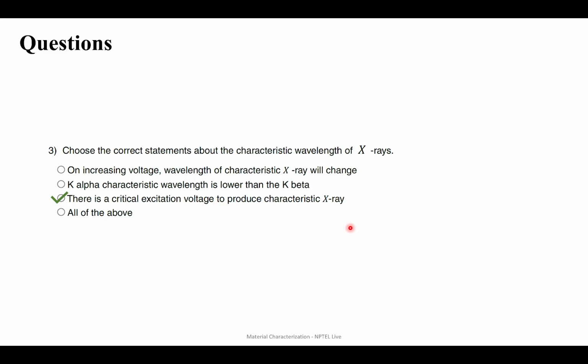And the third point, we already discussed that to produce characteristic X-ray, we need a critical excitation voltage, below which you will not get characteristic X-rays. So only the third point is correct.